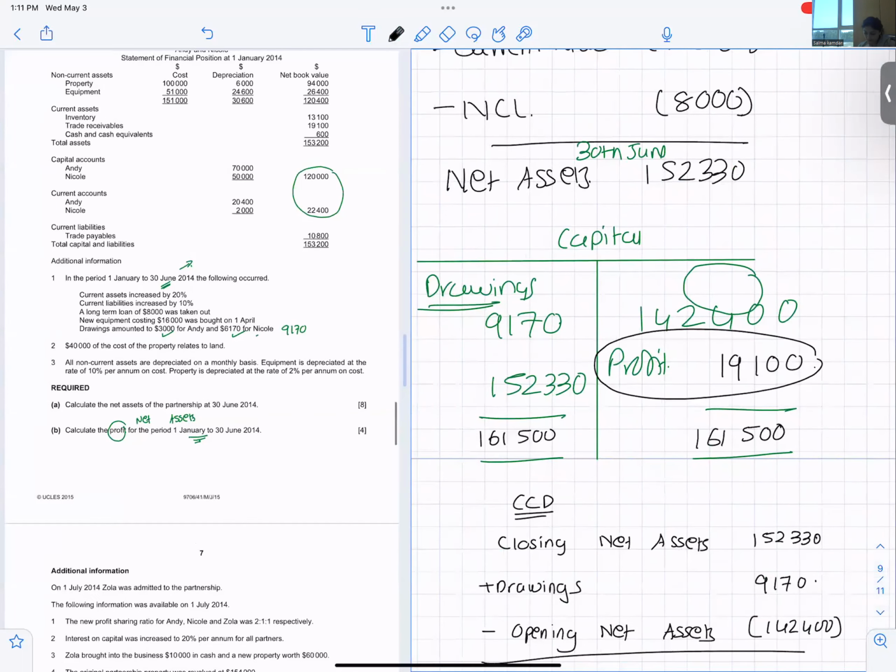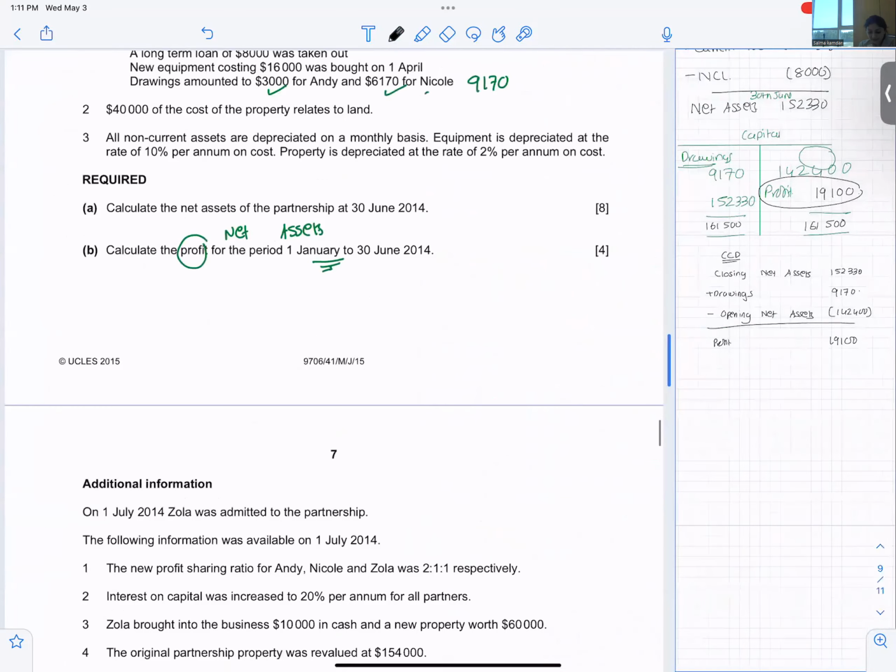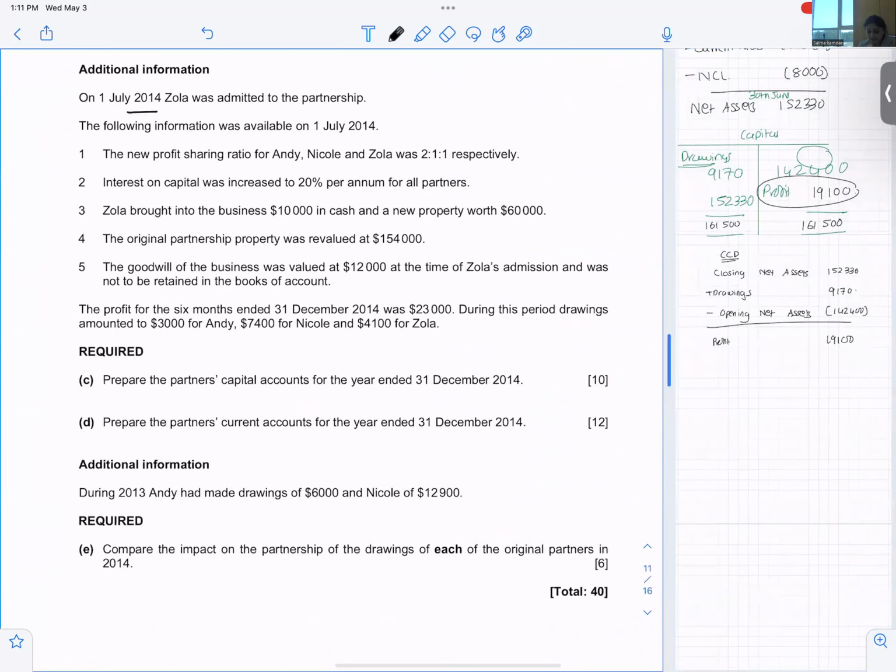Now, on 1st July 2014, Zola was admitted to the partnership firm and they have given you the following information. New profit sharing ratio is 2:1:1. Interest on capital was increased to 20% per annum for all the partners.